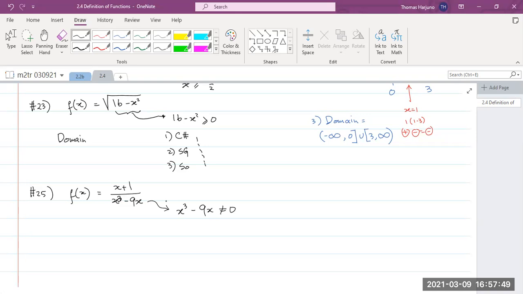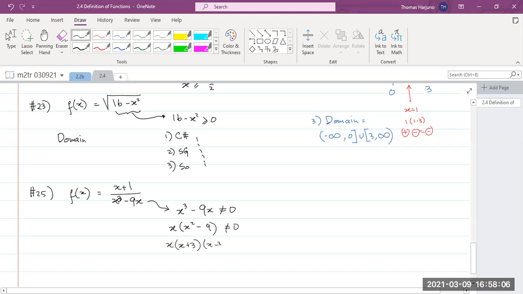It's the denominator that gives us an issue if it becomes 0. So we set it not equal to 0 and solve. x times (x squared minus 9) cannot be 0, and we factor further. So x cannot be 0, x cannot be -3, x cannot be 3. So the domain will be all real numbers except the zeros of the denominator, except 0, -3, and 3.